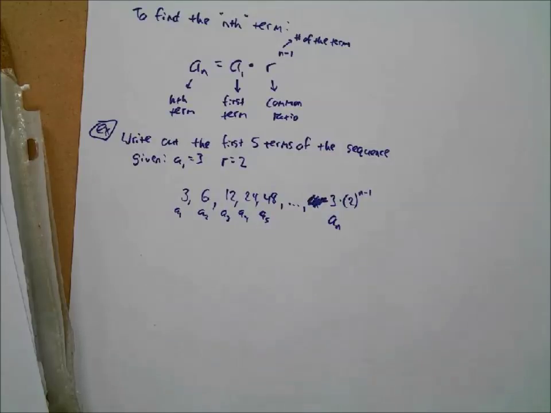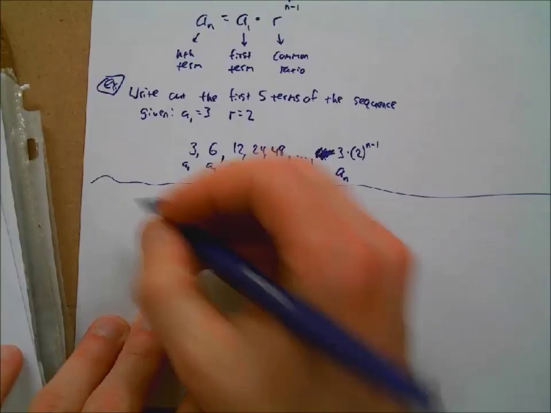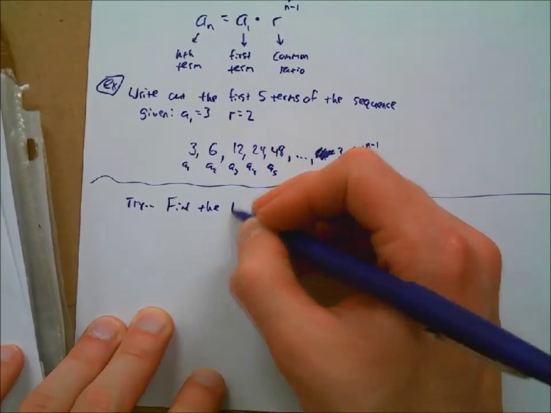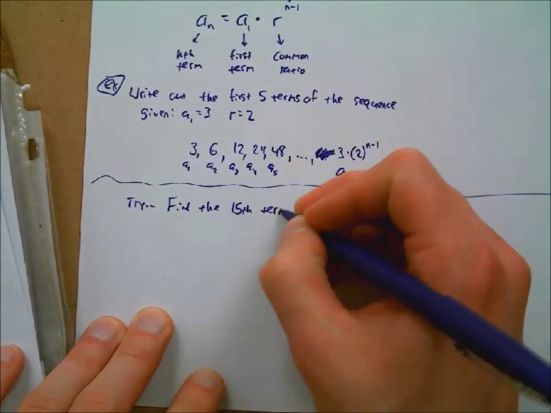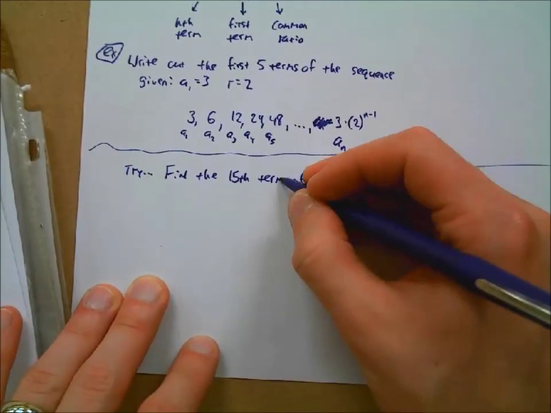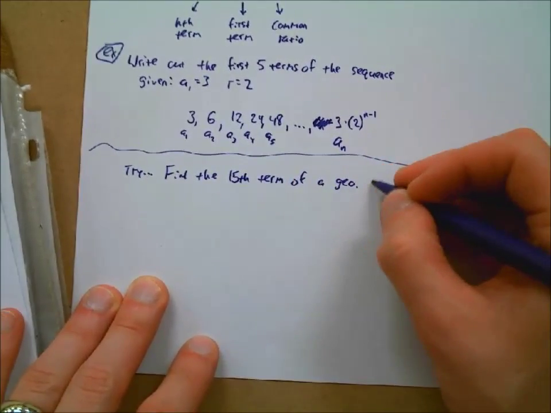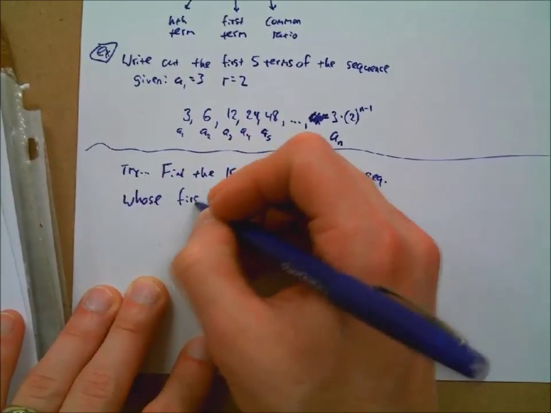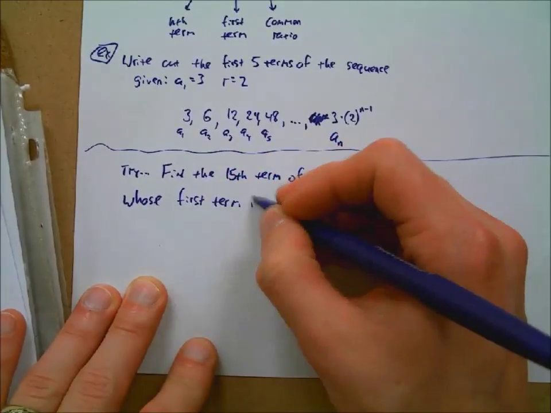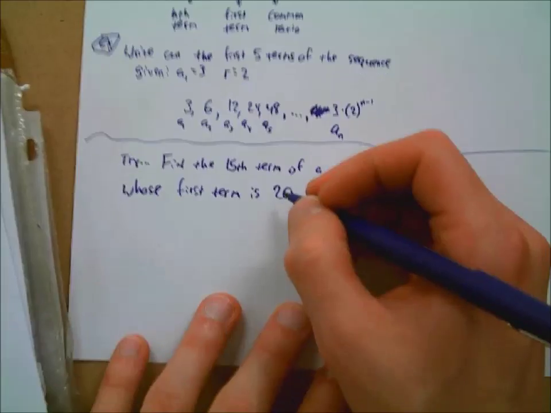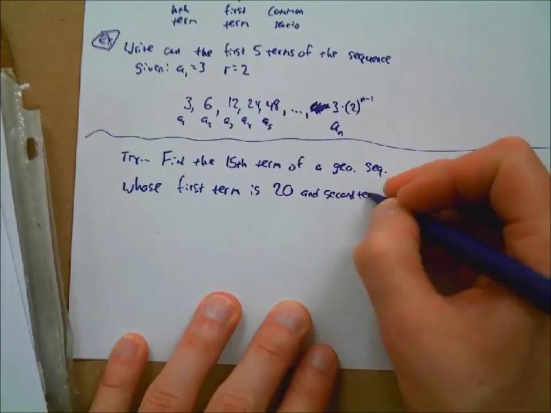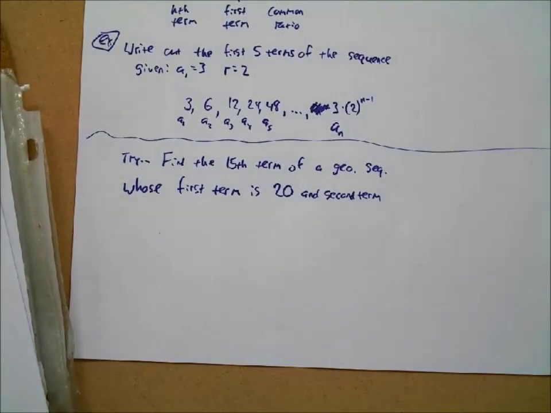All right. Here's one for y'all to try, and then we'll get into the series. Find the 15th term of a geometric sequence whose first term is 20 and second term, excuse me, is 21.